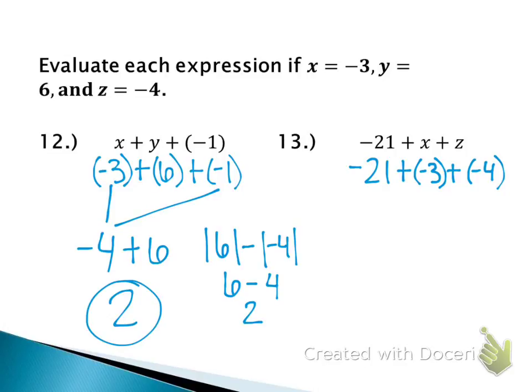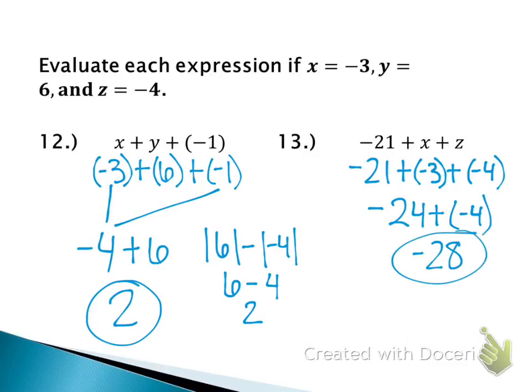So I'm adding all their absolute values and keeping it negative. So if you want to do it one step at a time, you can. If we combine the first two, that's going to give me -24. We're still adding -4. They still have the same sign. We still add their absolute values and keep it negative to get a -28.